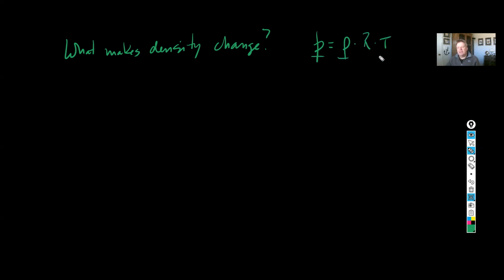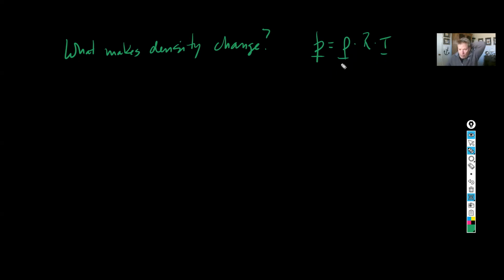So the ideal gas law says that there's a relationship between temperature, density, and pressure. If you know nothing else about the ideal gas law, I want you to know that pressure, density, and temperature are all related. Okay? So this is super important.